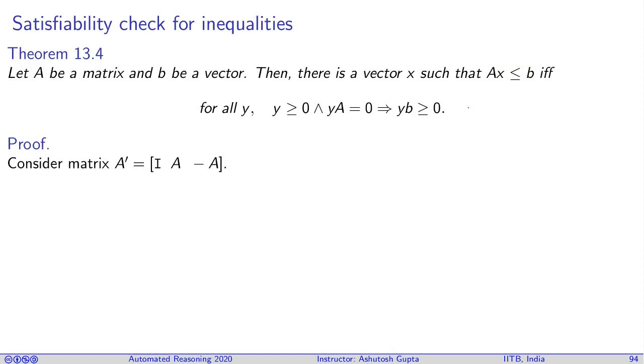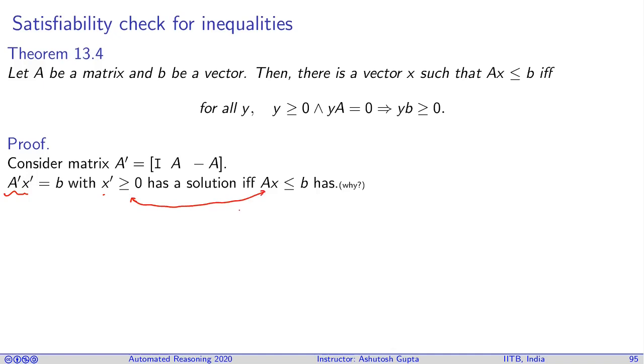The trick is this: I will define something called A prime, where you have I, A, and minus A matrix written like this, and I will solve this constraint: A prime x prime equals to b with x prime greater than or equal to 0. And you can easily see that if the solution is here, if and only if the solution is there. Why is that so?